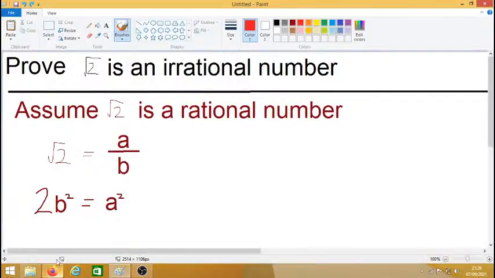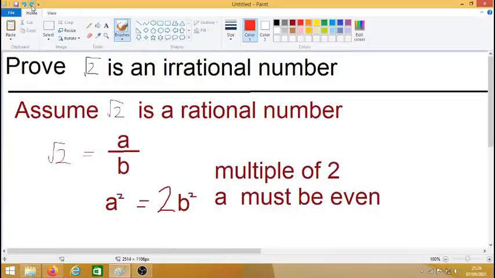Okay, just to remind you, we rearrange it a little bit so we have the a squared on the left. Now it's easier to look at and easier to see that it's a multiple of 2. As soon as we see it's a multiple of 2, we know it's got to be an even number. That means a squared, a square number, is an even number.